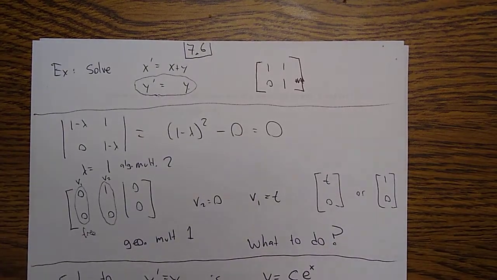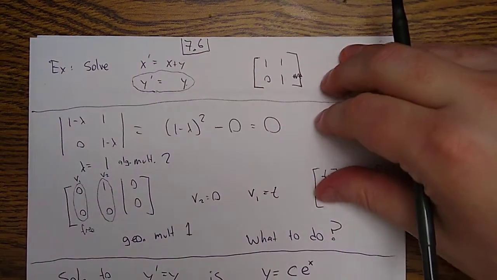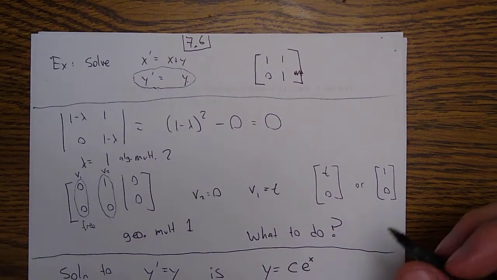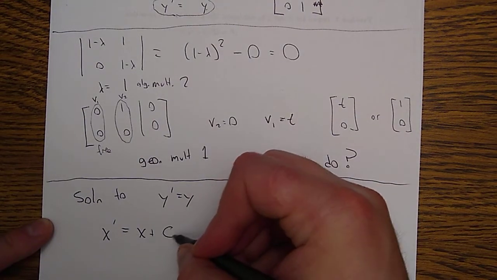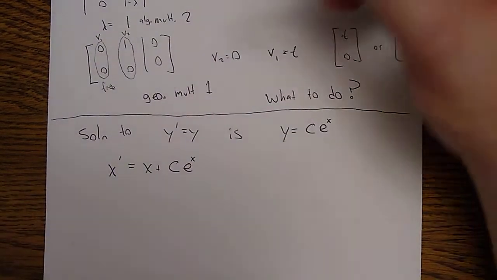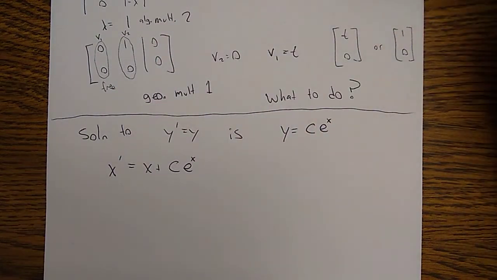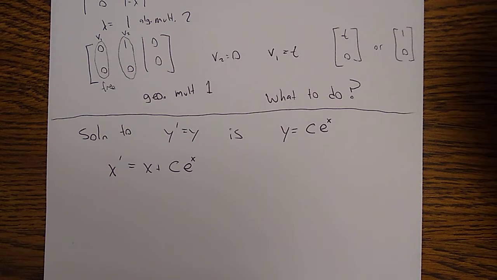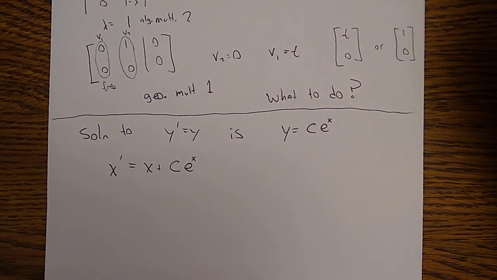And now that I know the solution to the second one, maybe I can plug that into the first one. Are we blurry? Okay. So x prime equals x plus c e to the x. And what is this? This is another type that we know how to solve. Now that this involves only x, I think we'll be able to solve this.